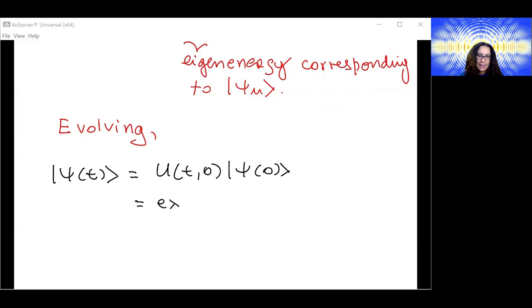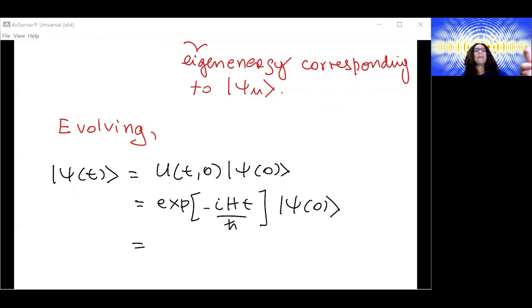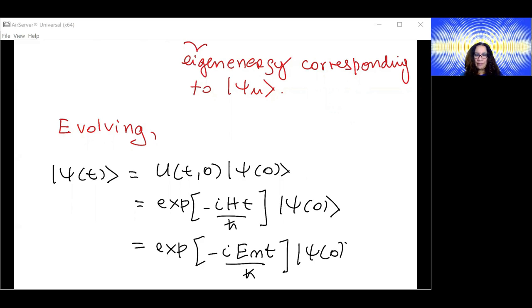So this is exponential of minus i H t divided by h bar, psi 0. And from here we get exponential of minus i E_n t divided by h bar, psi 0.